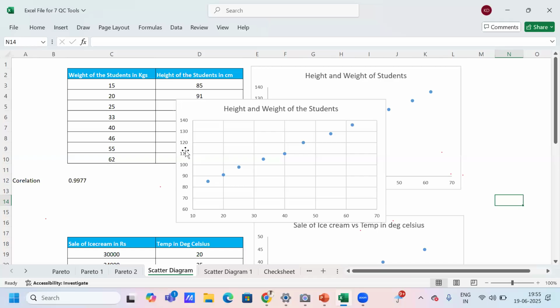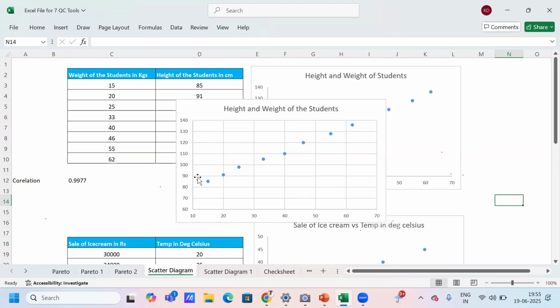I can give names to the axes as well, so you can do it later on. Value addition: we are observing that when the height of the students is increasing, this is the weight, so the weight of the students is also increasing.